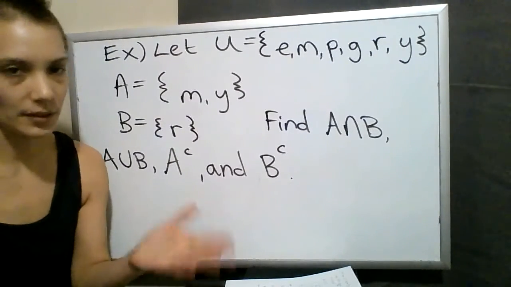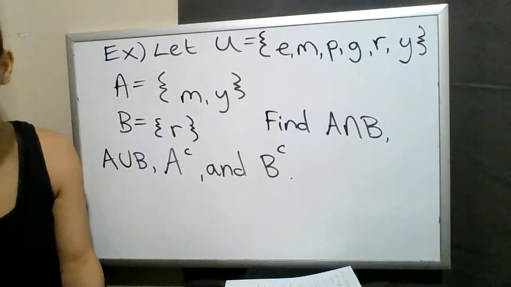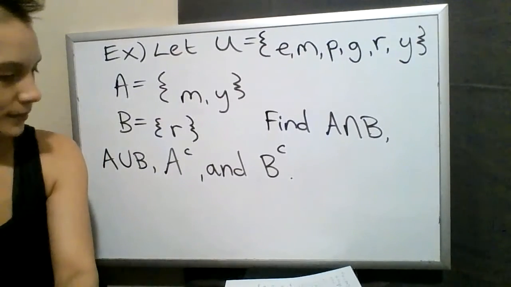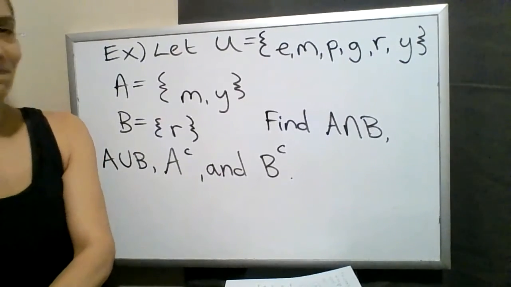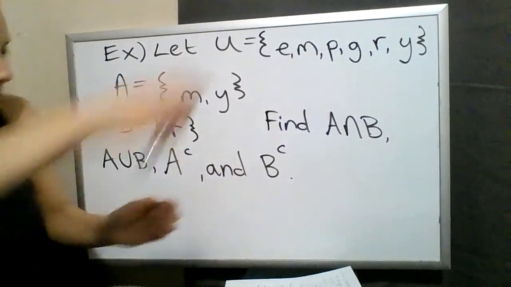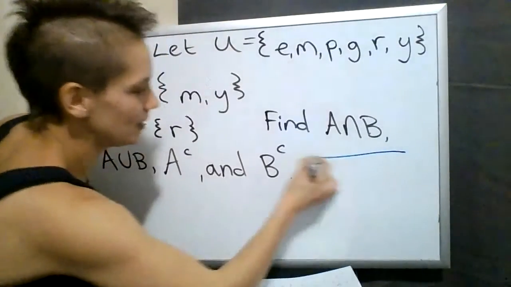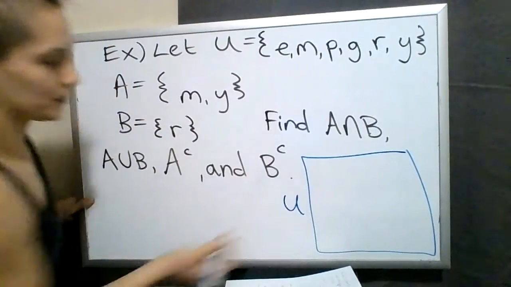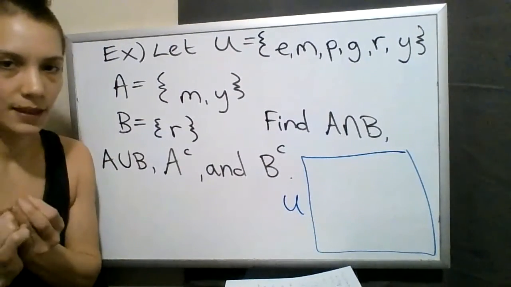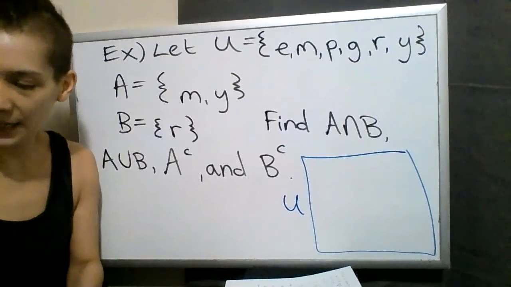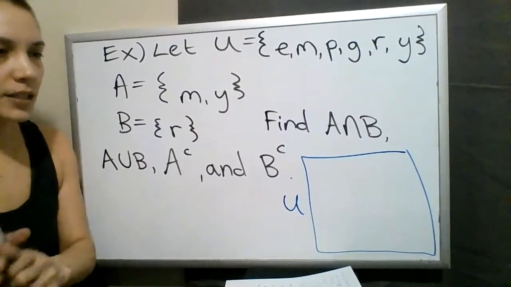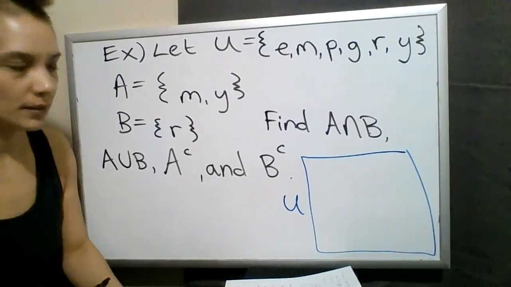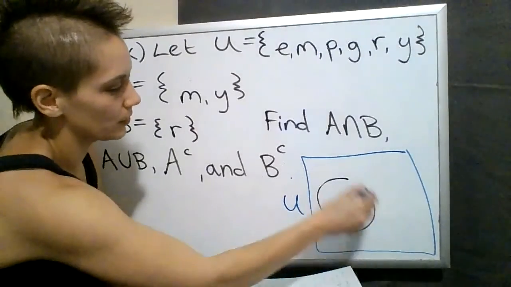So I'm going to start with a sketch. Full space is U. Subsets are A and B. I could draw them separately since they don't have common elements, but it's okay to have them overlap.